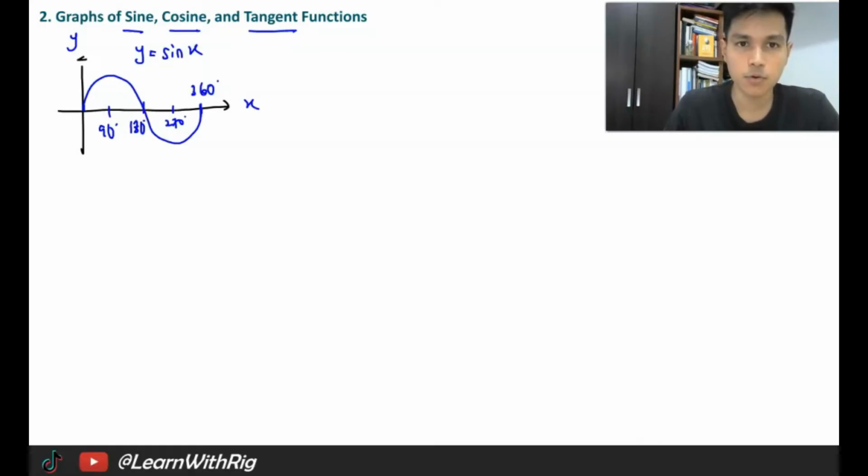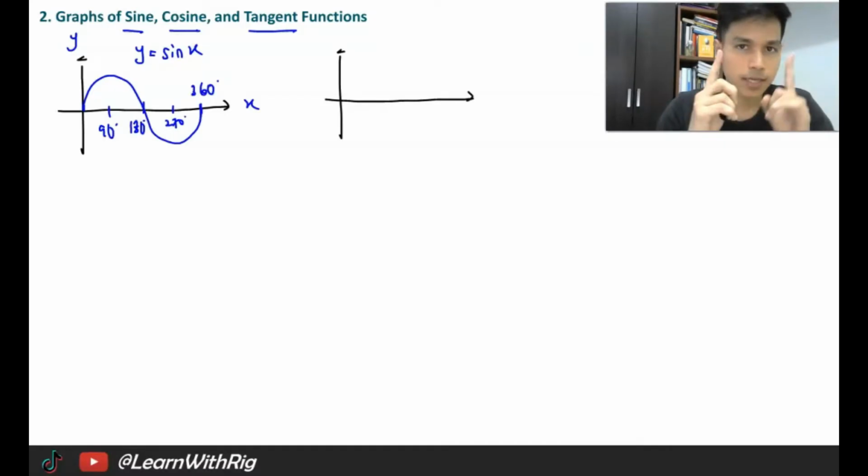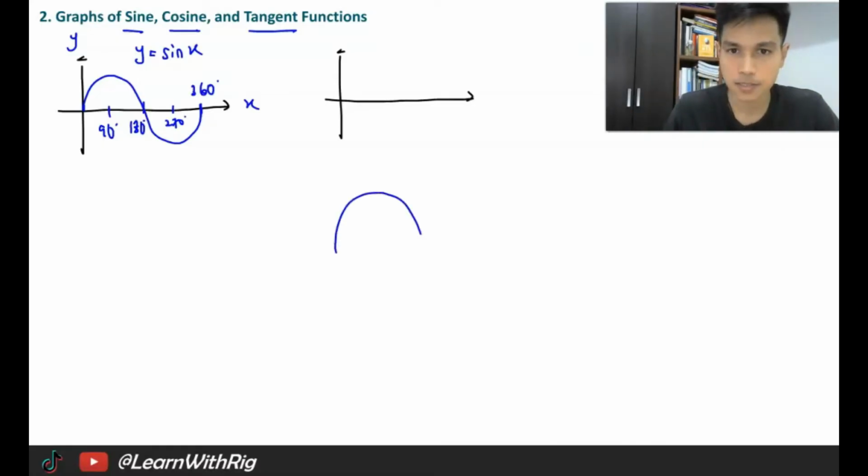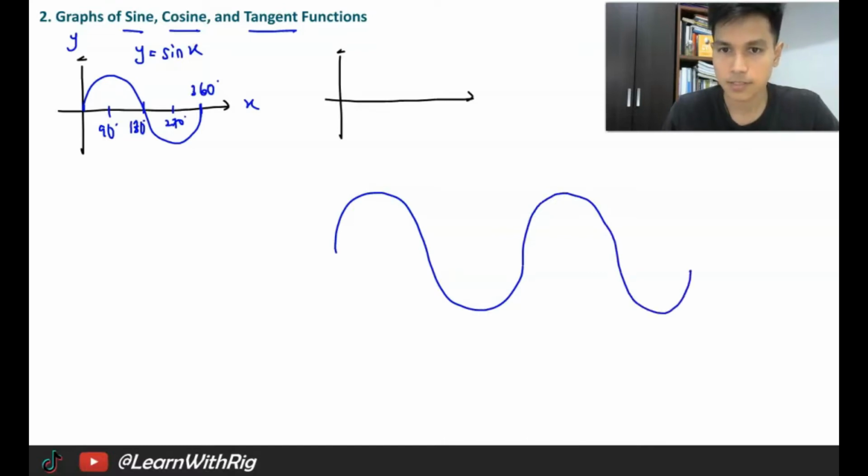Next, what about cosine? See, cosine is actually the same as sine, but the only difference is you are taking a different part of the graph. So you all know that sine is like this, right? If I continue doing another cycle, it will look like this, correct? There's a second cycle. So where is the cos graph?